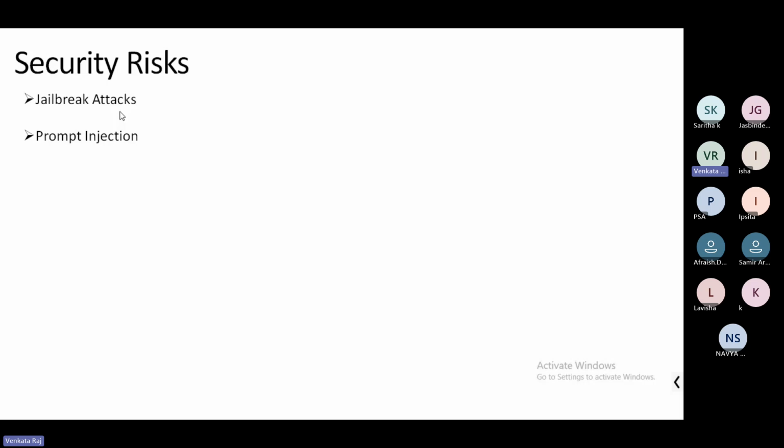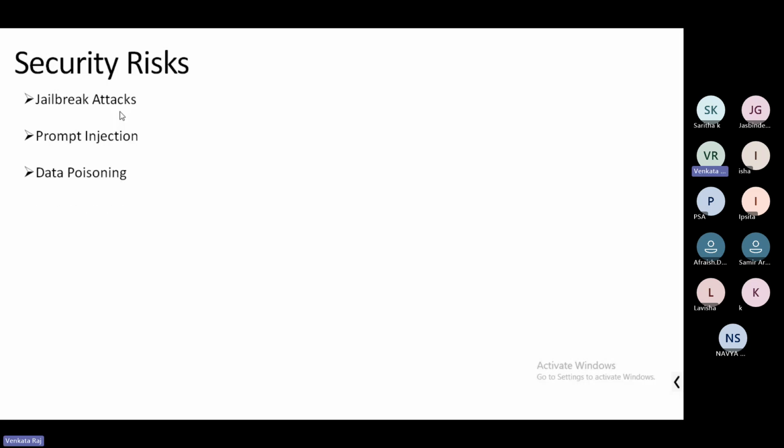So that is basically known as prompt injection. If the AI model which you are using is not secure enough, then it could disclose the sensitive information, guys.